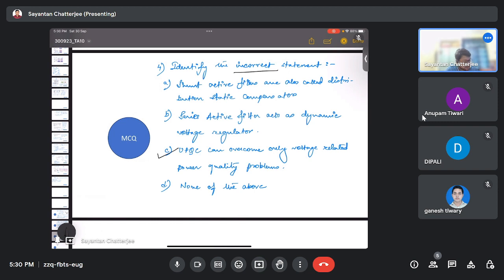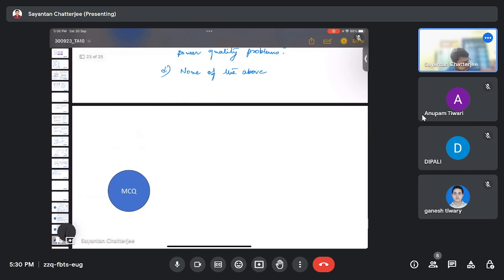UPQC, sorry, Unified Power Quality Conditioner can overcome only voltage related power quality problems. Yes.